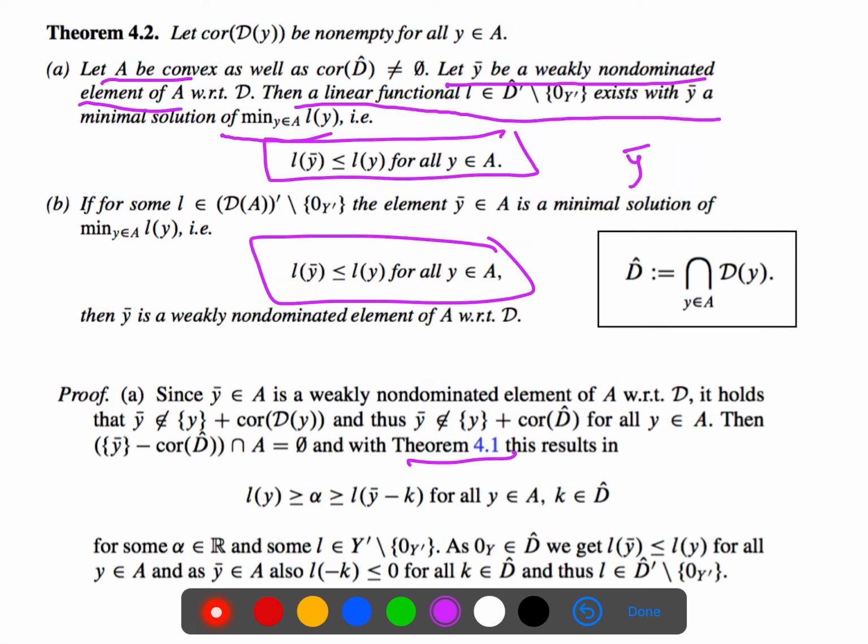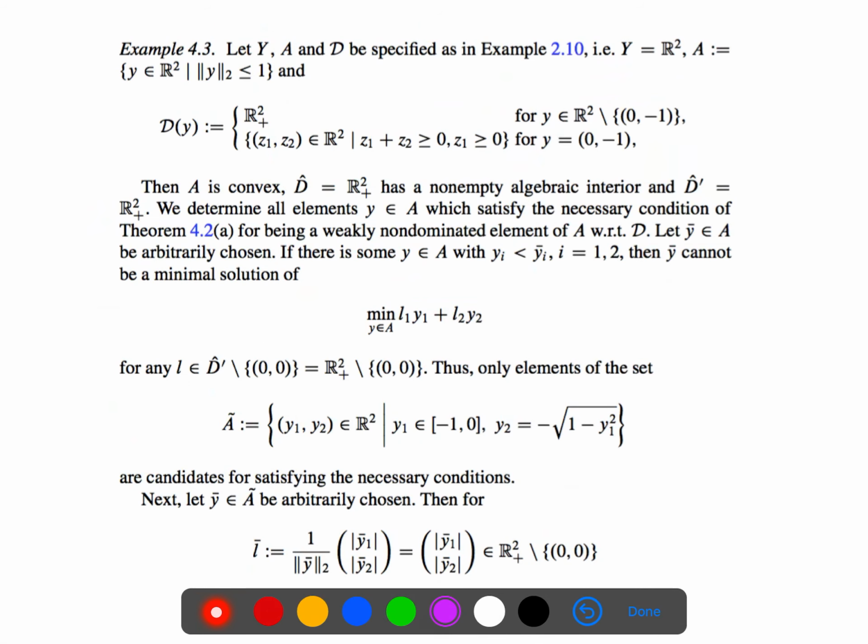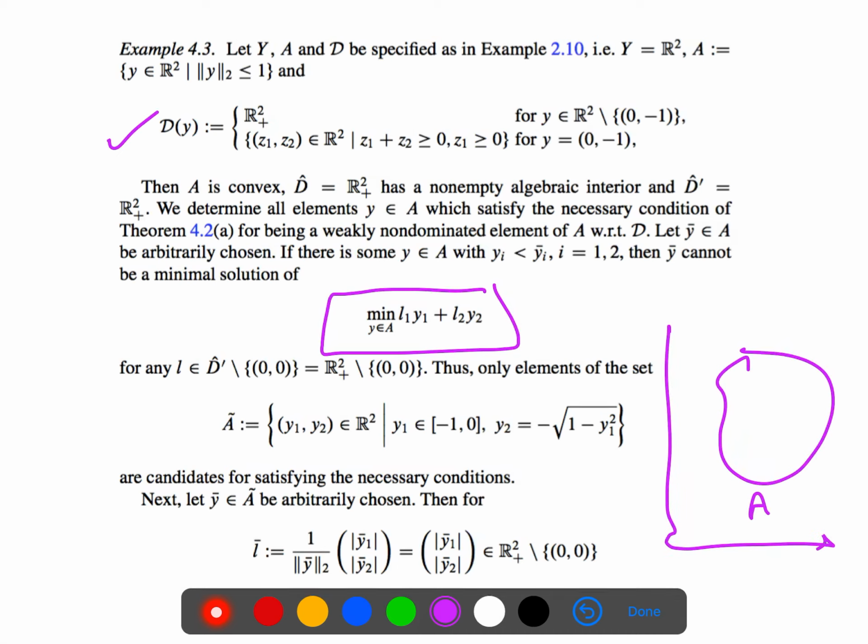And you will see that this holds even for nonlinear functionals as well. For example, here we have a set-valued map. We are doing linear scalarization here, and our objective set A, inside the objective space that you want to minimize, looks like this.